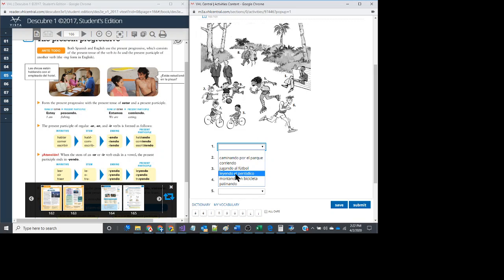So, probably leyendo el periódico. Do another one, maybe? Picture number two, it looks like a girl who's running. So I would say corriendo. Or is she also playing soccer? We have four. I think all these kids are playing soccer together. So let's do that one. Jugando al fútbol.